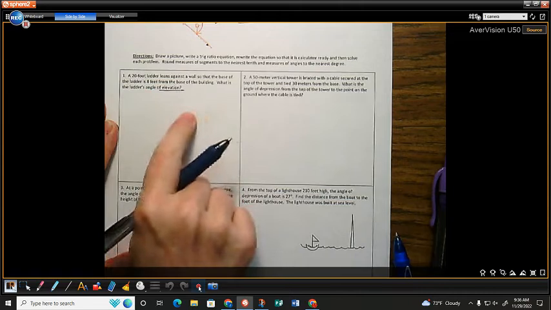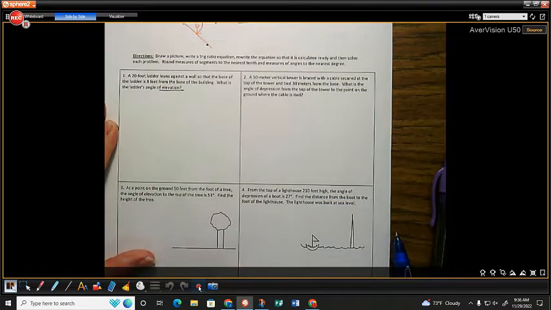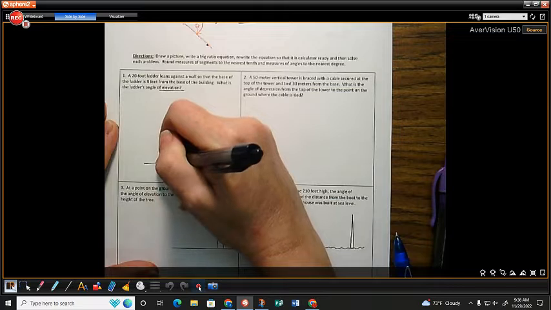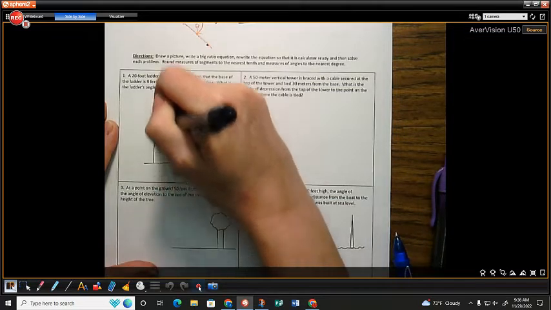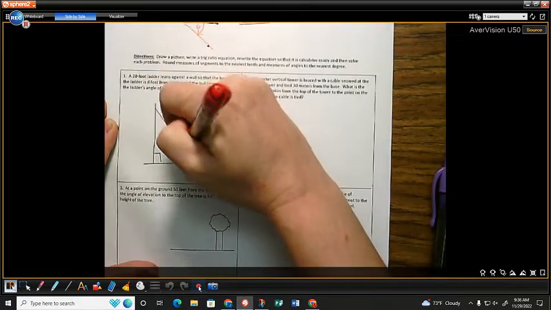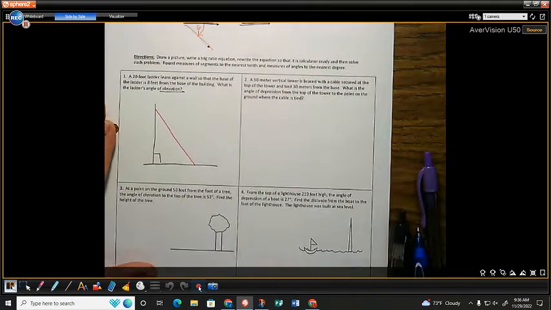What's going to be the horizontal in this problem? The ground. The ground is going to be horizontal. And what's going to be vertical? The ladder. Which is it, the wall or the ladder? The wall. We typically build walls up and down, and then the ladder is leaning against the wall. And oh look, it's a right triangle.